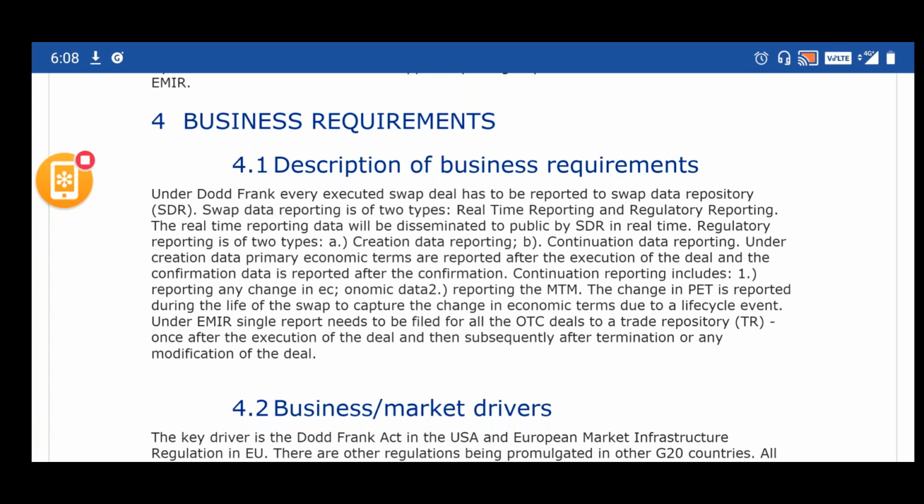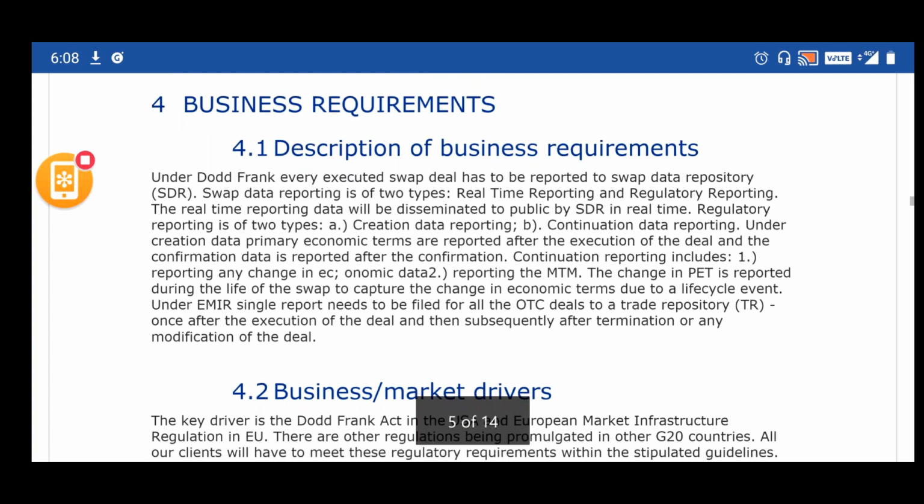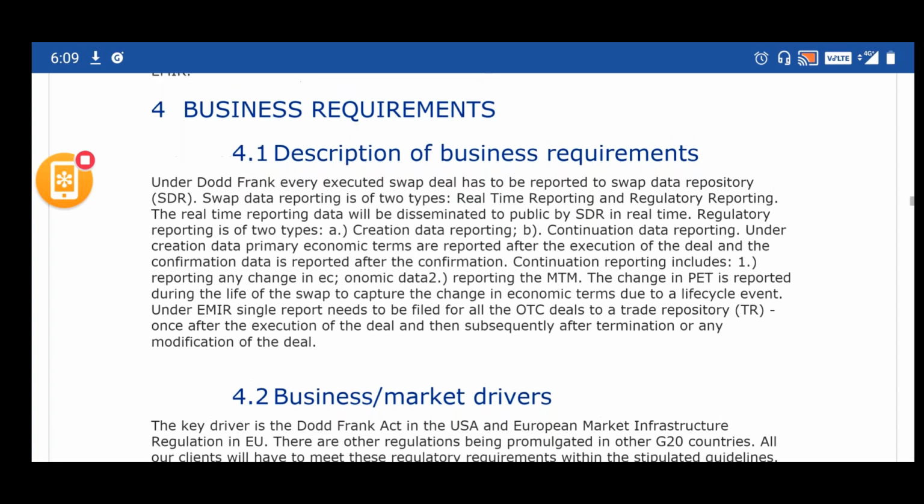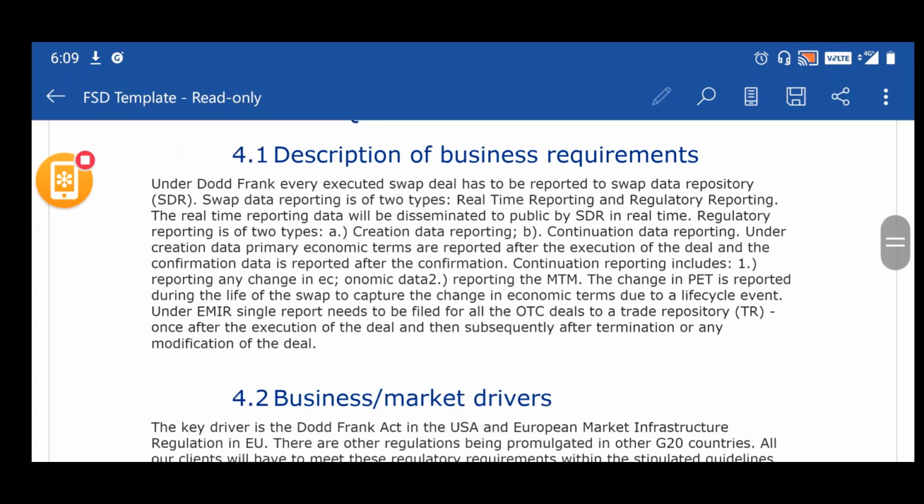There are around 12 business requirements defined in that documentation, but not necessarily all 12 should be part of this functional specification document. One functional specification document may go through multiple releases or multiple release cycles. So the description of those business requirements is mentioned here.